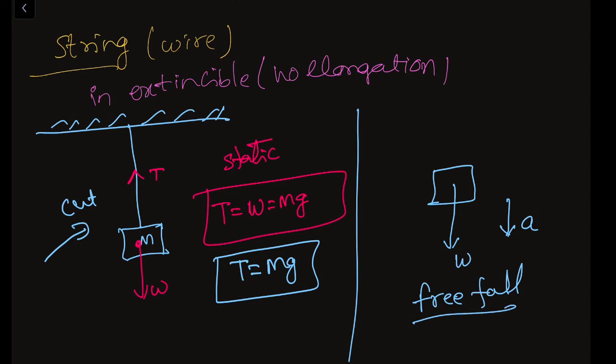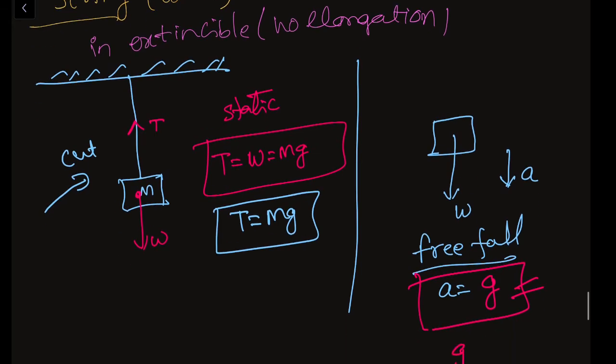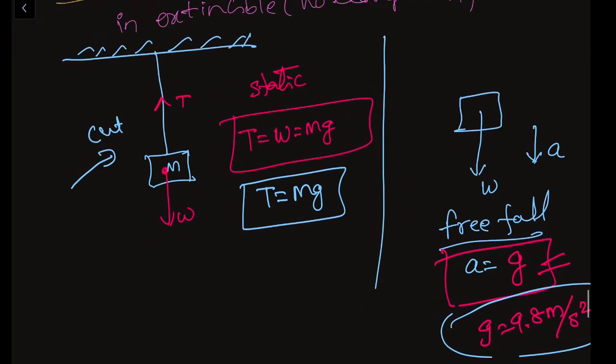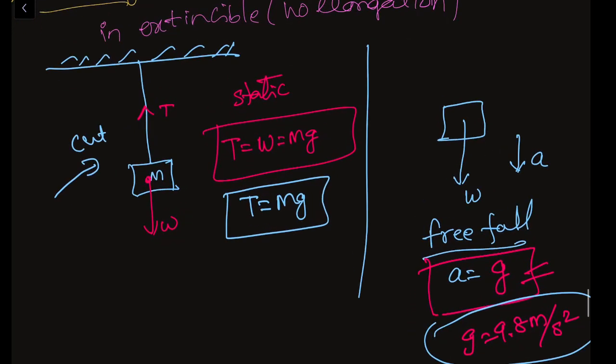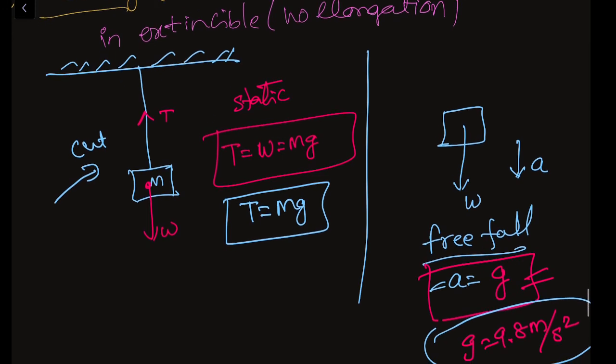In free fall condition, acceleration is equal to acceleration due to gravity, g equal to 9.8 meters per second square, children. Simply we have to get the acceleration. If we can find acceleration, that is enough.